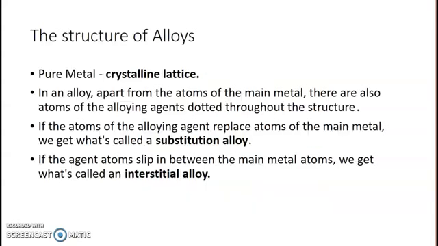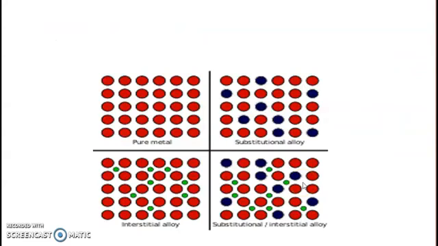When we consider the alloy, apart from the atoms of the main metal, there are also atoms of the alloying agents, right? Since an alloy is a combination of metal and chemical elements, there is the possibility of atoms of the alloying agents in the crystal lattice. That is the structure of the alloy.